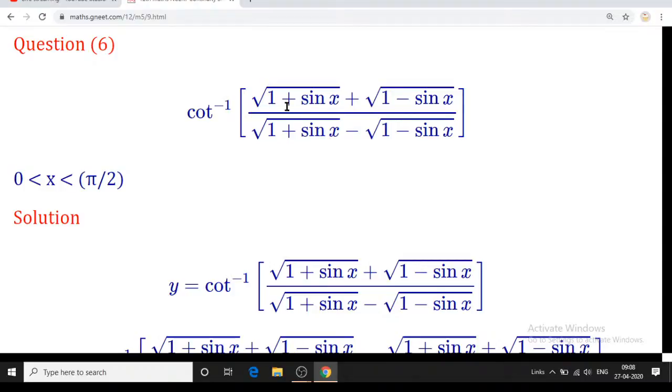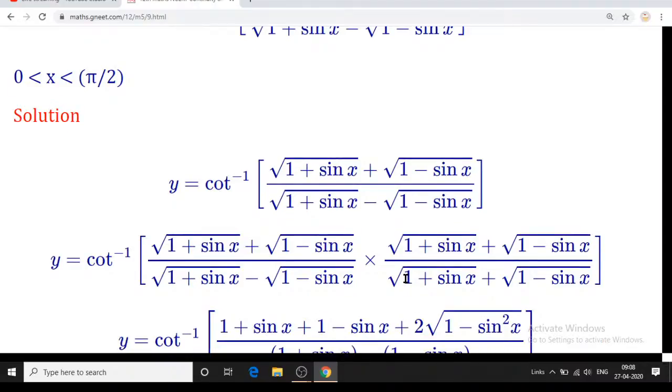That formula has been derived from 1 being replaced by sin square plus cos square, and sin x being replaced by the formula 2 sin x by 2 cos x by 2, but that is a formula that has to be remembered. Otherwise the rationalization is the easiest part. I have solved by the rationalization.